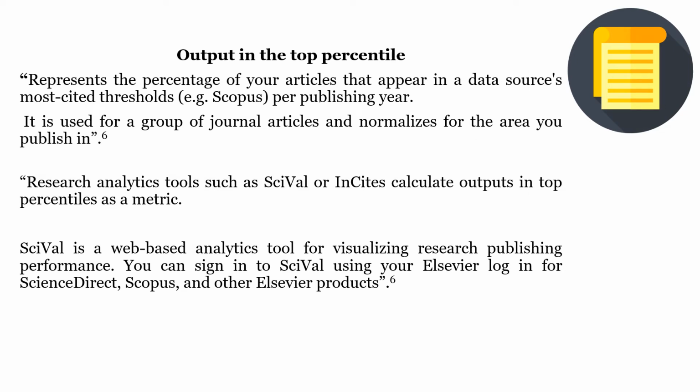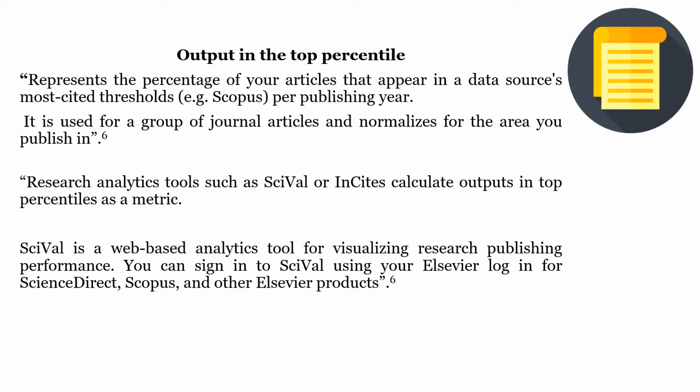The next in the row is the output in the top percentile as the next article level metric. This represents the percentage of your articles that appear in a data source's most cited threshold, that is Scopus, per publishing year. It is used for a group of journal articles and normalizes for the area you publish in.